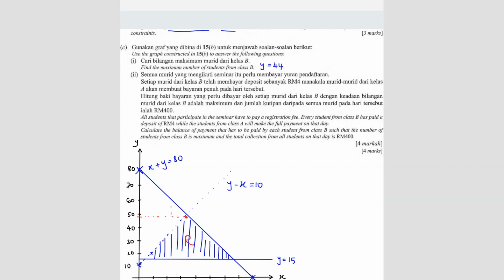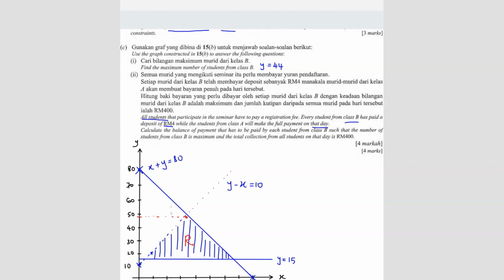Now next, all students that participate in the seminar have to pay a registration fee. Every student from class B has paid a 4 ringgit deposit, while students from class A will make full payment on the seminar day.